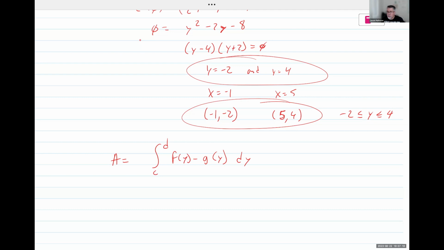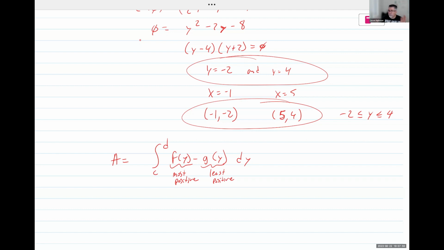But we've got to know which one's on top and which one's on bottom. Basically in a y-oriented graph, what we're really asking ourselves is which one's most positive? Which one's bigger? And when we talk about bigger, it's which one's most positive, and which one's least positive? Now they can both be positive.